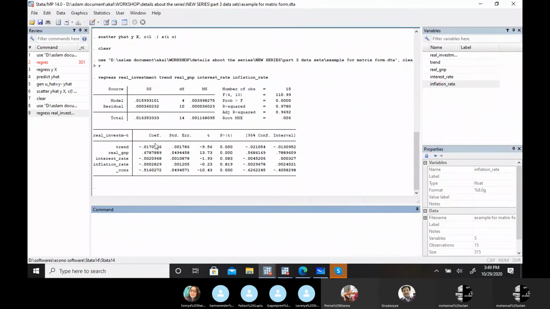So far, we are only done with the parameters, that is, how we derive the parameters with the OLS method. But we are still left with all the other derivations. That means the purpose of this particular series, part 3, is that first we have to understand the derivation for all these values.